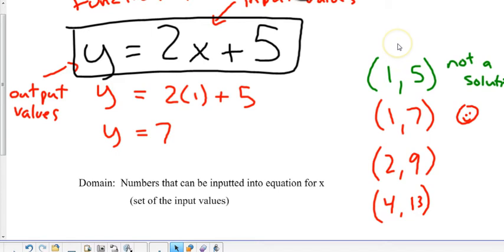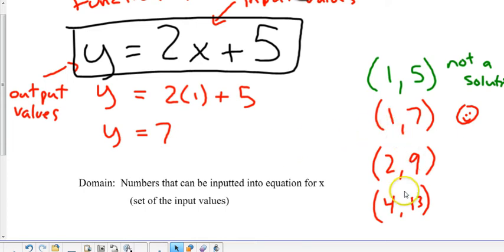That would say 5 equals 7, because we know when x is 1, this right side is going to turn into 7. If y is 5 and x is 1, you get 5 equals 7, which is not true.